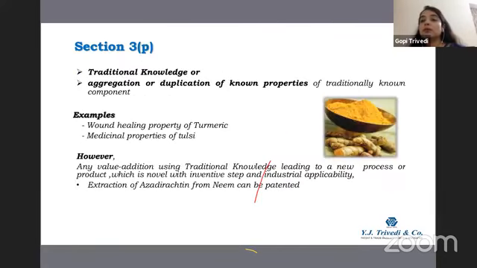One of the warning sections is traditional knowledge. Traditional knowledge in its original format or its admixture shall never be granted patent. But at the same time, if you provide a new process or product, something like extraction of curcumin out of turmeric, new processes shall definitely be granted patent.